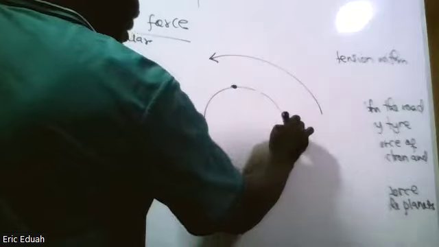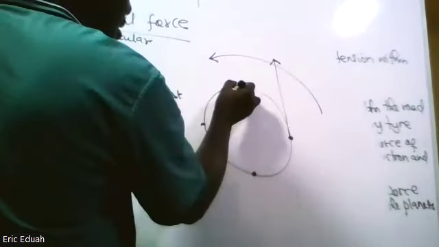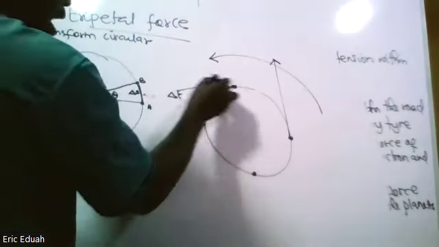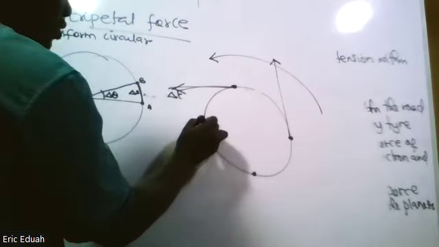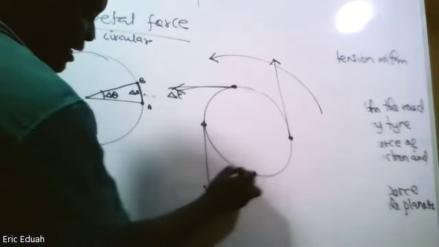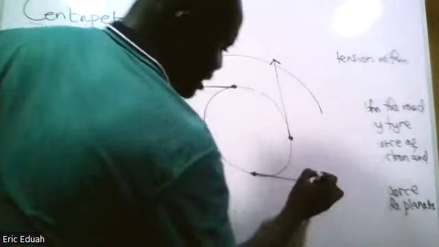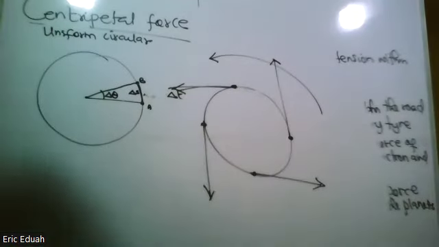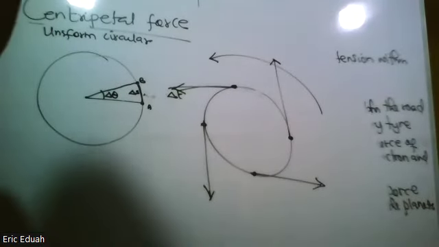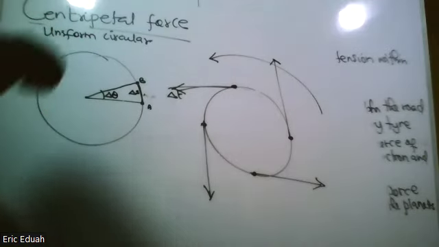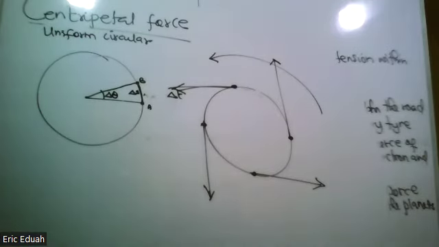When it gets to this point, this is its direction. When it gets to this point, this is its direction. So a body in circular motion has its direction constantly changing.